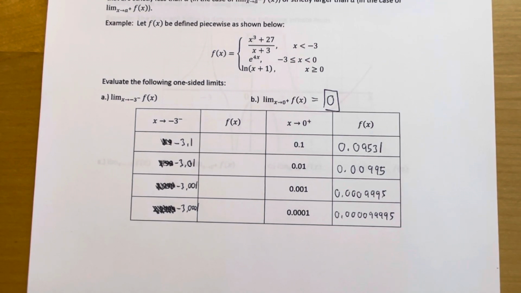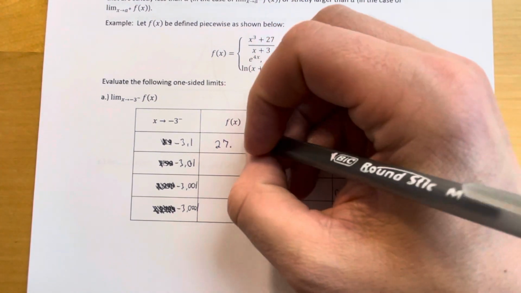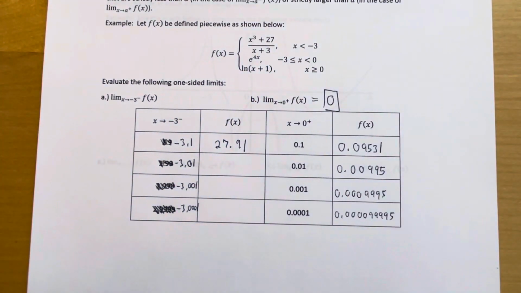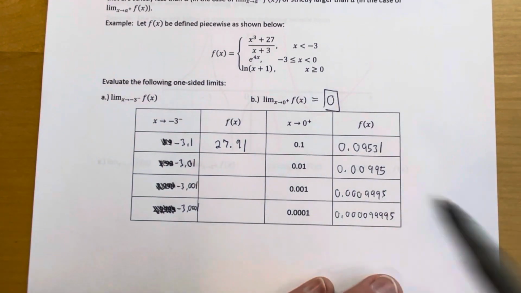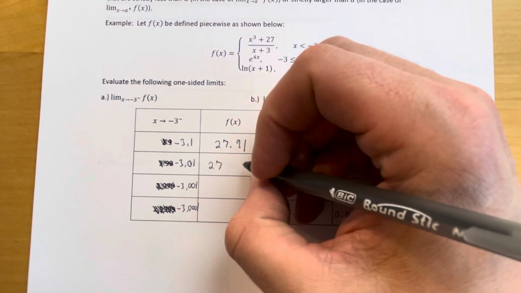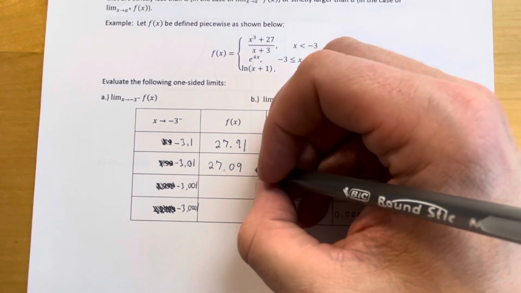All right, so starting with our first value, if I were to plug -3.1 into that function there, what I end up with is 27.91. That's what my calculator is giving me. Okay, and now what I want to do is plug in some of these other values. So if I plug in -3.01, I get 27.0901.